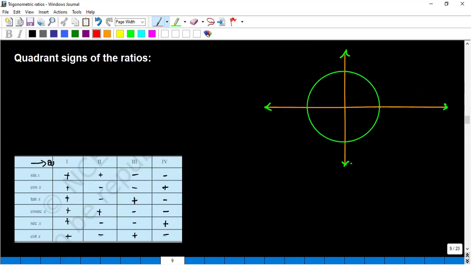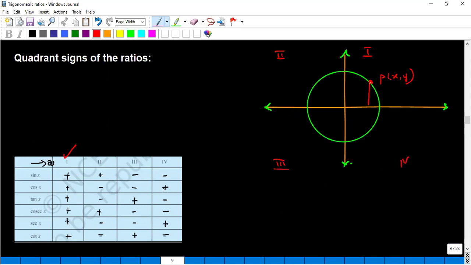Just see, try to understand. You are taking a point over here. The point is P of x comma y. You can tell very easily sin theta, cos theta, all ratios are positive only in the first quadrant. This is called Q1, right? Quadrant 1. This is quadrant 2. This is quadrant 3. This is quadrant 4.